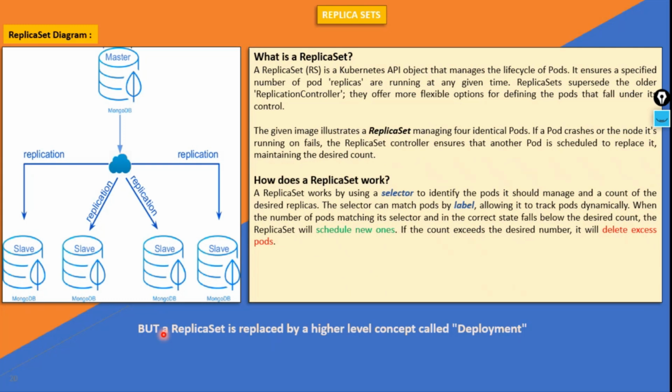The current Kubernetes version is 30. So after 1.19 till now, we all use the deployment manifest file. We are not using replica sets. Replica sets were used in versions 1 to 18, the old versions of Kubernetes. Replica set is still supported, but deployment is much more flexible and has many more features than a replica set.